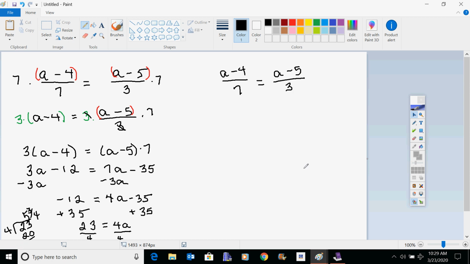Okay. Now what we noticed here is we multiplied by 7 and then we multiplied both sides by 3. So we kind of did a couple of steps here, and what we were left with was 3 times a minus 4 equals 7 times a minus 5. What that leads us to is a little trick that we use sometimes to solve these type of problems called cross multiplication.